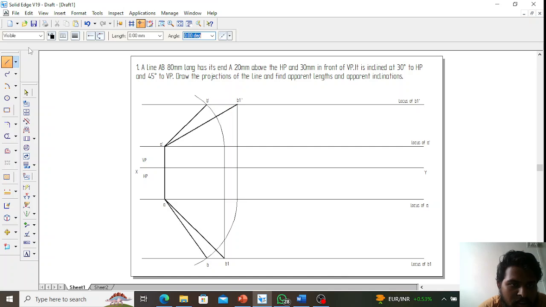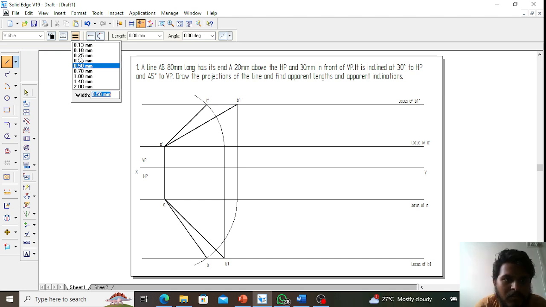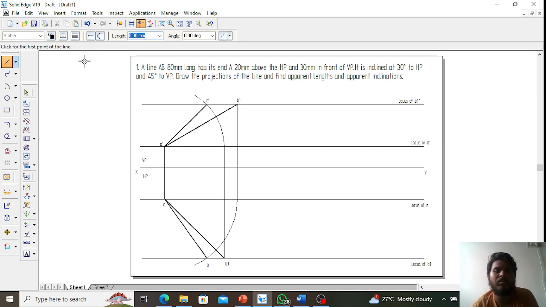We can also join this line. We can make the projector. This line is called projector. So select 0.35 mm. Now from here we'll draw one line.